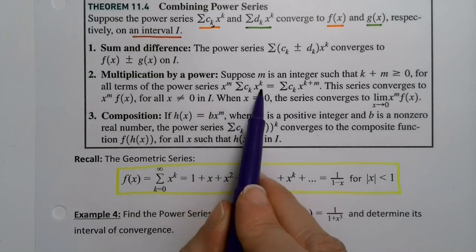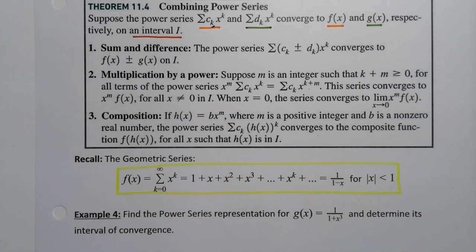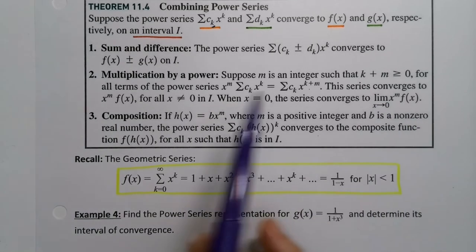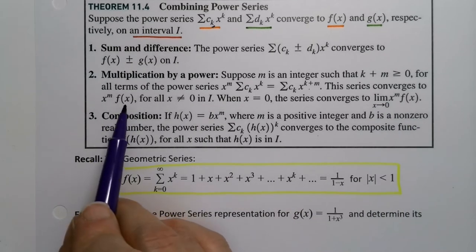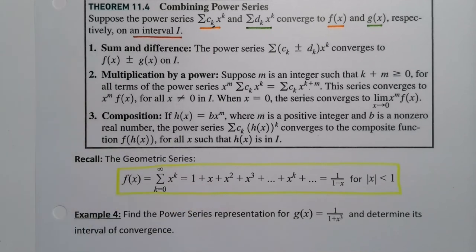In other words, I can add my powers of x to make a new power, which is k plus m. And that series will converge to x to the m times f of x for all x not equal to 0 in that interval.